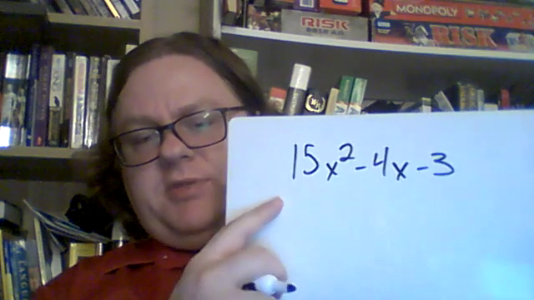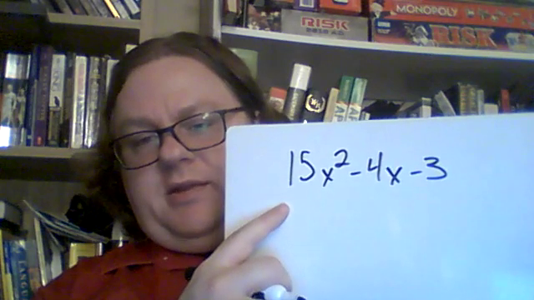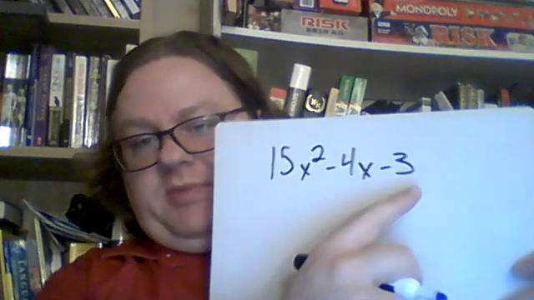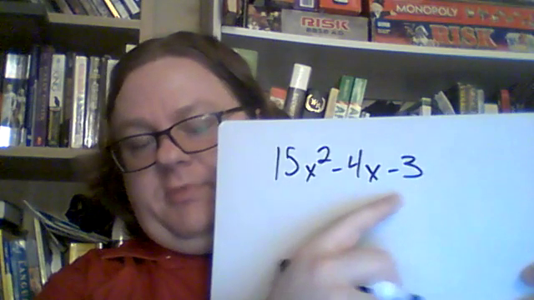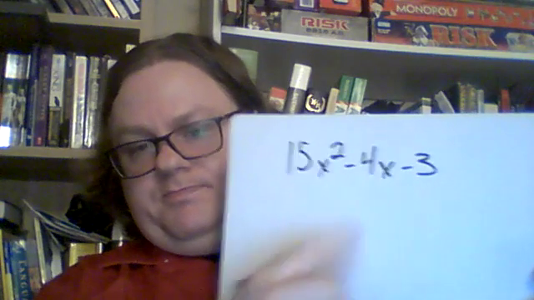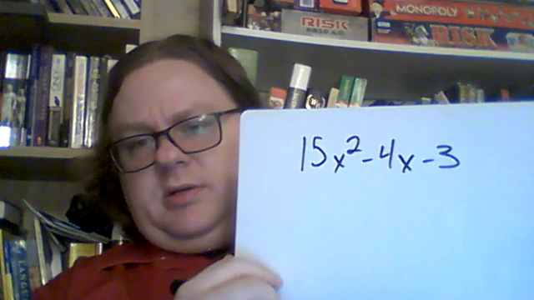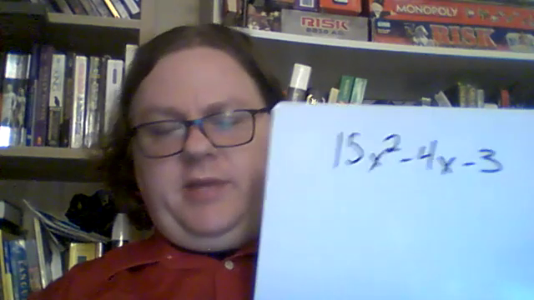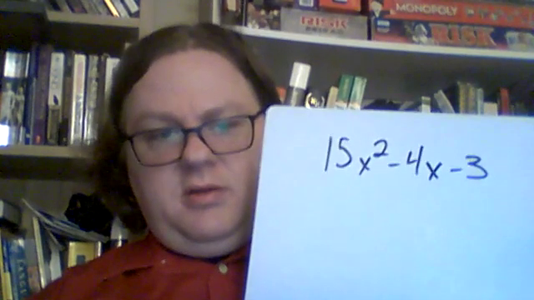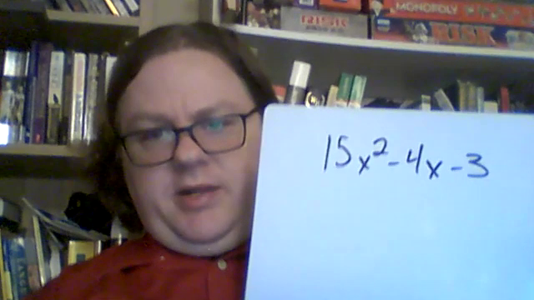We have to have two numbers in the front that multiply to be 15 and two numbers in the back that multiply to be 3. And then hopefully they come together to be negative 4. So let's see here. We got 1 and 15, we got 3 and 5, and that's about it.